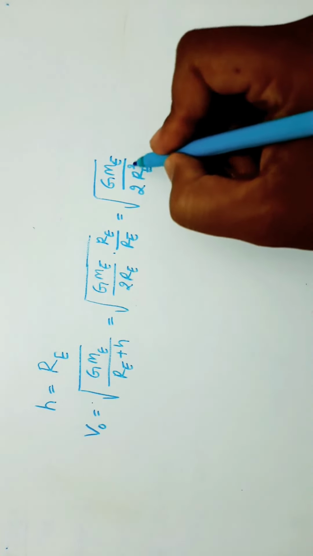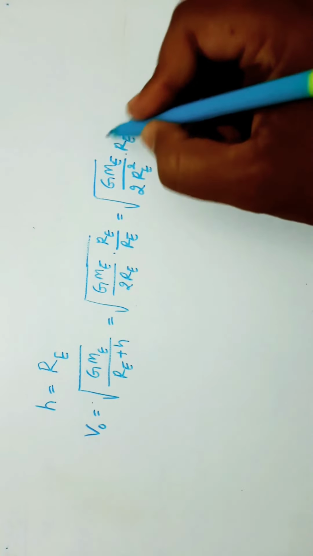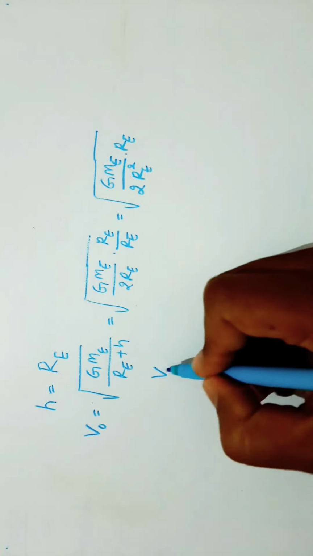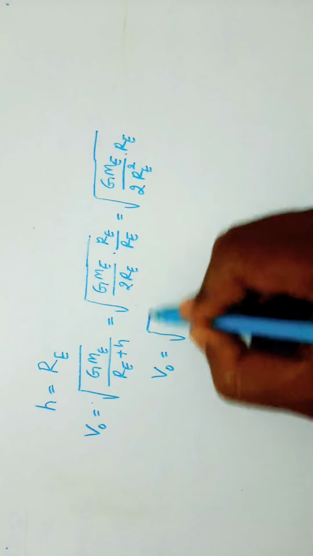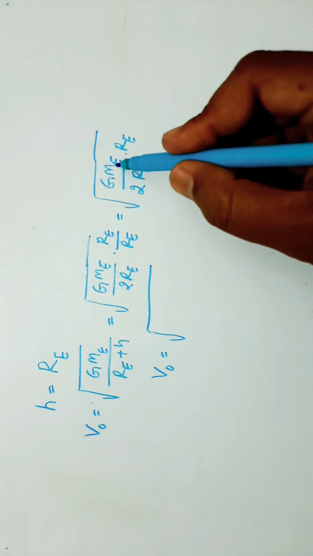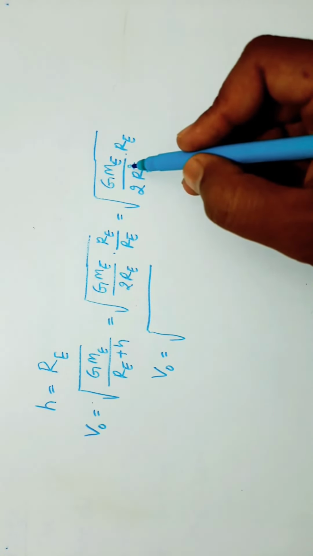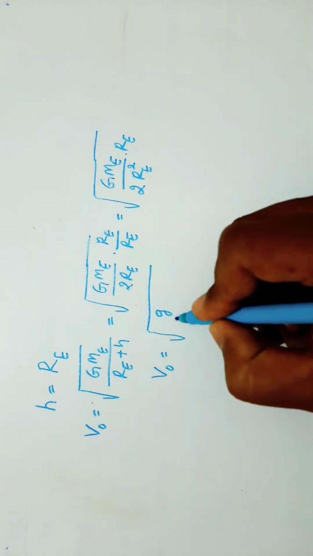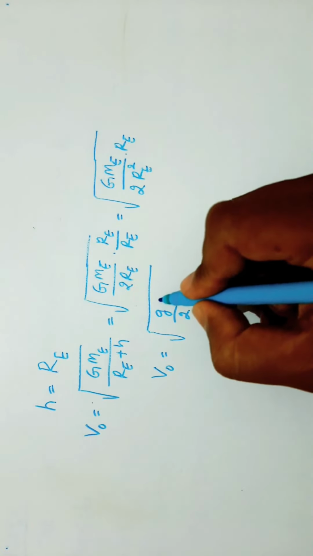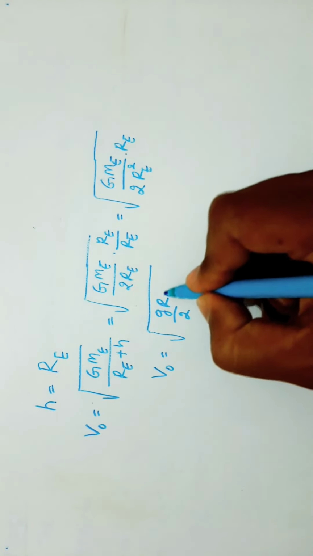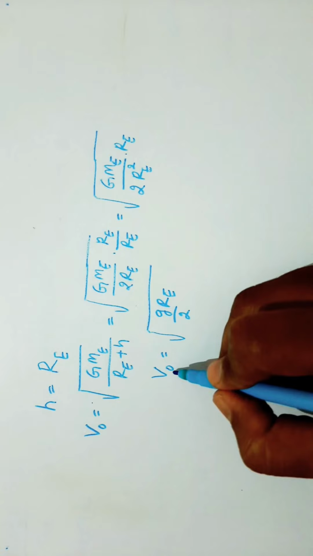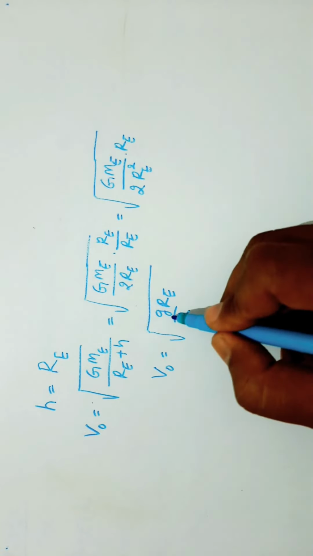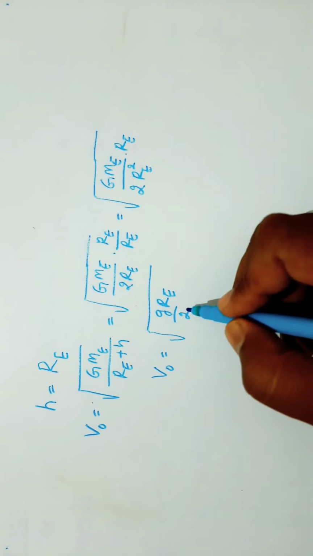So v0 is equal to the square root of GMe by Re², that is small g, the acceleration due to gravity, into Re by 2. So the orbital velocity v0 is equal to the square root of gRe by 2.